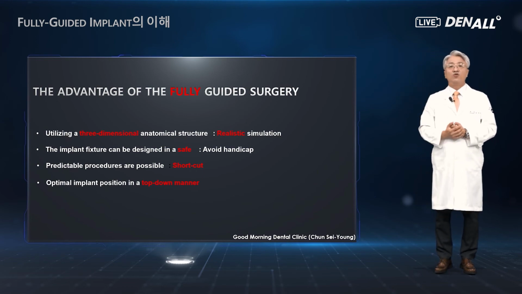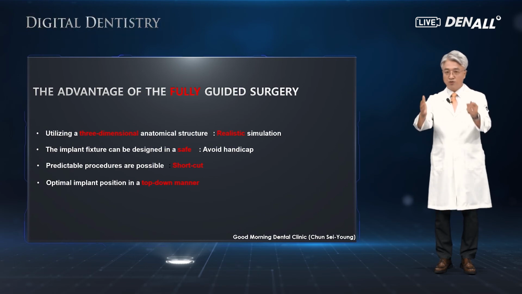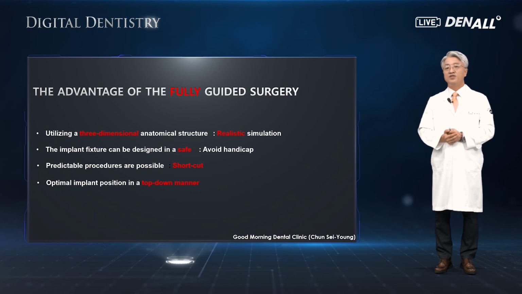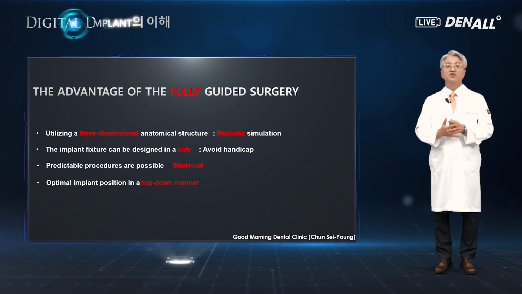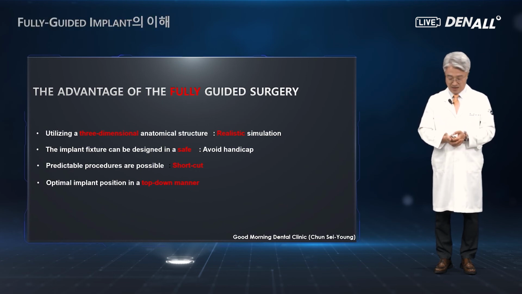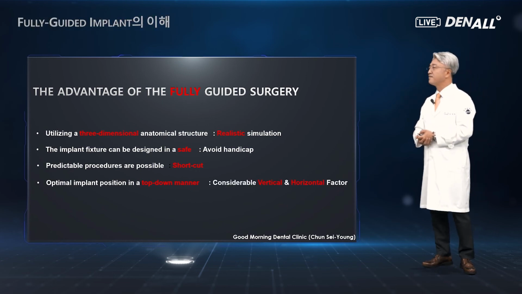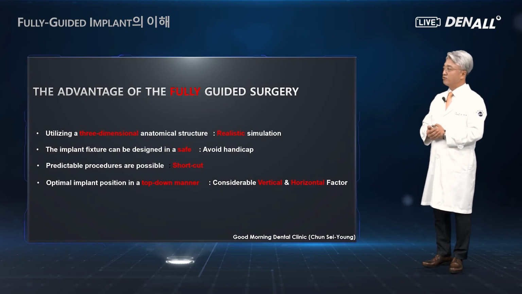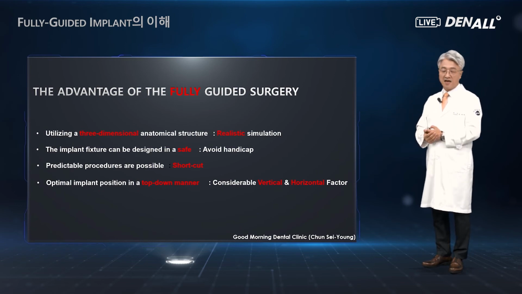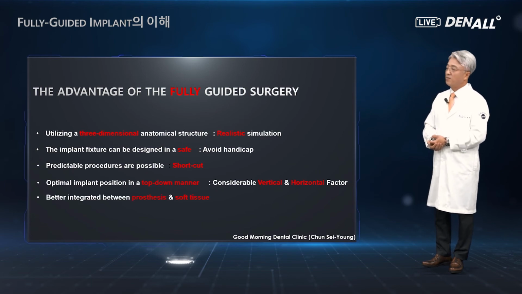I mentioned the top-down fashion several times. In designing the prosthesis in a more realistic situation, ideal positioning can be done. So unexpected dilemmas we can experience during the prosthesis stage can be avoided. As I explained before, vertical and horizontal factors are considered during the design.